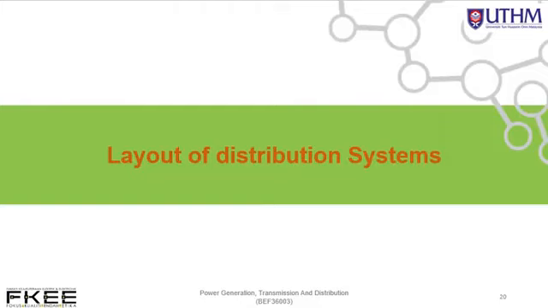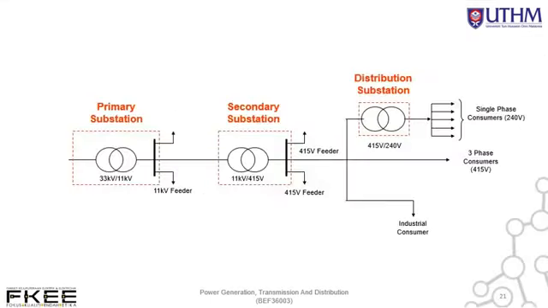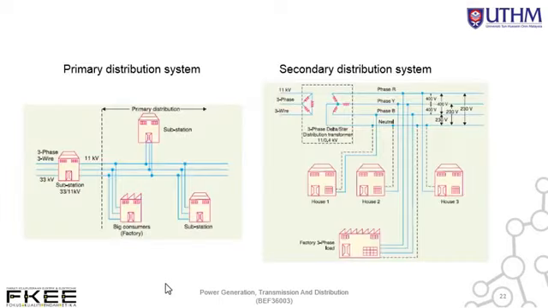So let's move on to the layout of the distribution system. The figure presented in slide 21 shows that the distribution system consists of the primary distribution system and the secondary distribution system correspondingly. The primary distribution system, which is over here, would be the circuit that supplies power at high voltage to large consumers such as industrial consumers and also to the distribution substation.